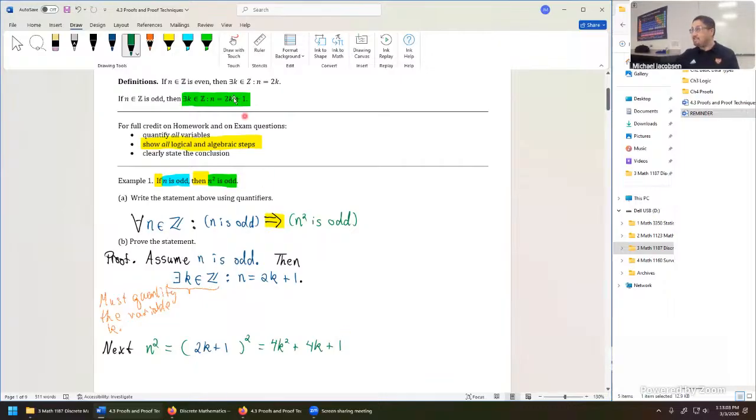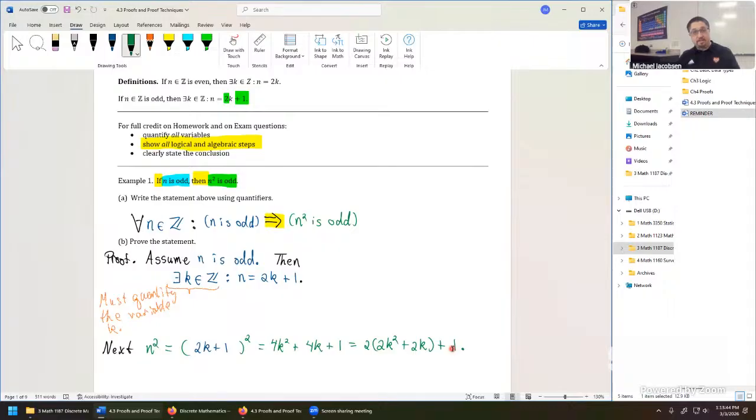So there's our n squared. Again, we need to fit it into this formula because we're trying to assert n squared is odd. It's almost there. We have the plus 1 that we're trying to get. So we're matching up with this part. It needs to now be double some integer k. We have to show all algebraic steps. So this is the next step we have to show. From the very first two terms, if you factor out, say, 2, you're matching up that part of the definition of oddness, and you get 2 times 2k squared plus 2k, plus 1.